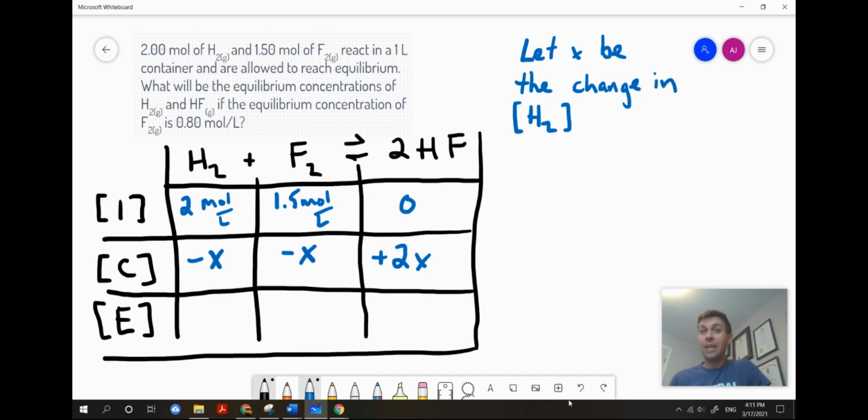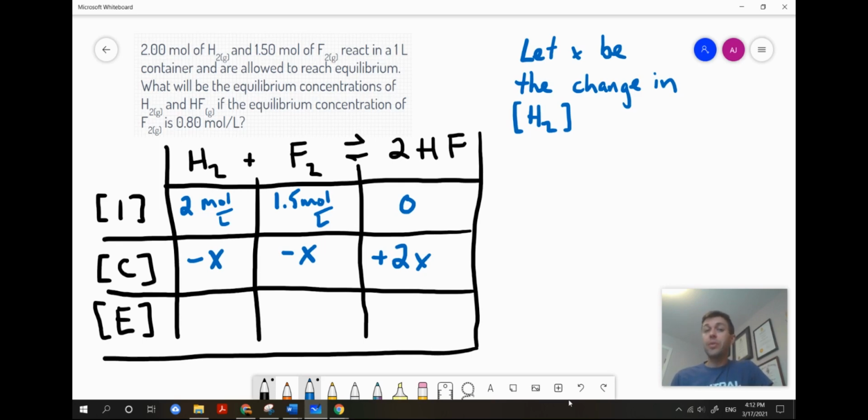If hydrogen gas is decreasing in concentration, fluorine gas is going to be decreasing, and the sign on the change on the opposite side has to be opposite. If the left-hand side is decreasing in concentration, the right-hand side must be increasing in concentration.